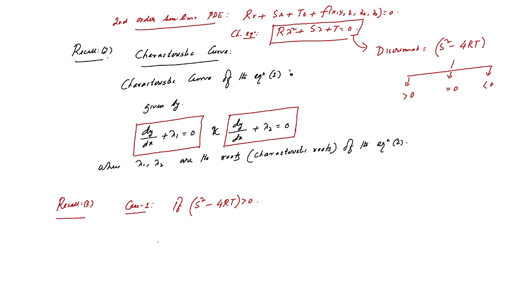Depending on the three cases, we will conclude three important conclusions. So first case 1, if s square minus 4rt is greater than 0, then equation 1, that means the semilinear PDE, will be hyperbolic.